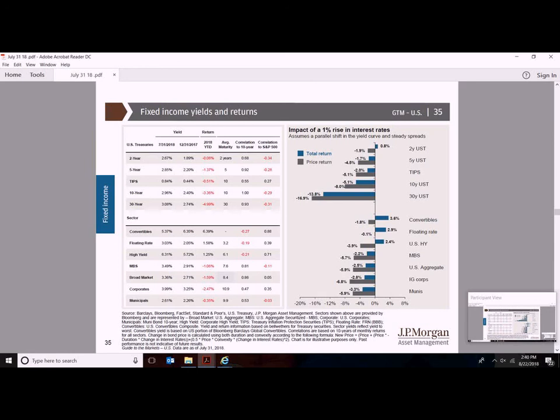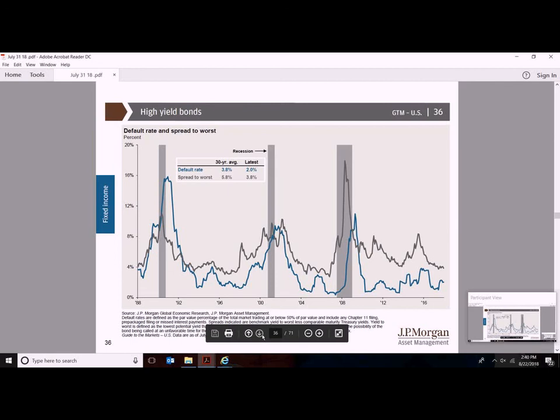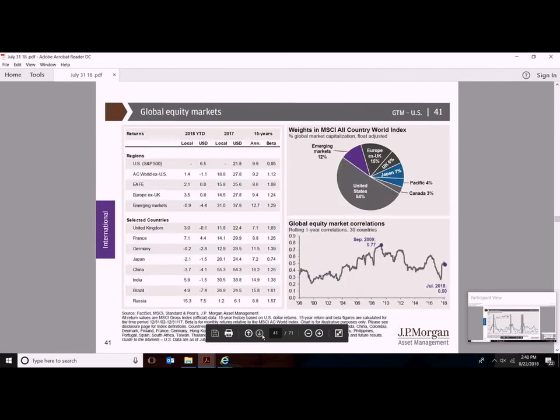Convertibles, floating rate and U.S. high yield are the only three categories that would be able to withstand a 1% rise in interest rates, based on a historical look at rising interest rates and what happens to these different types of bonds. So just a snapshot of what's to come if rates keep rising.